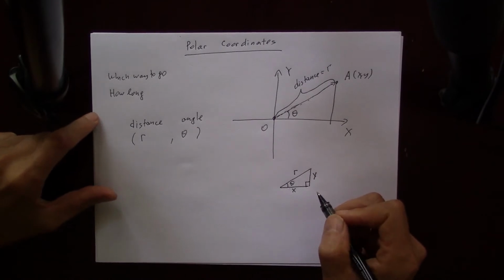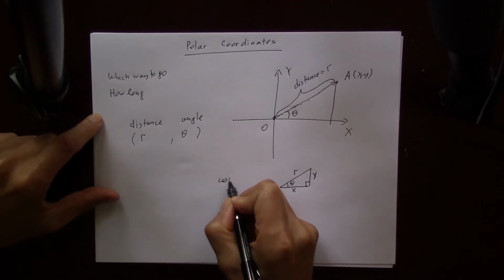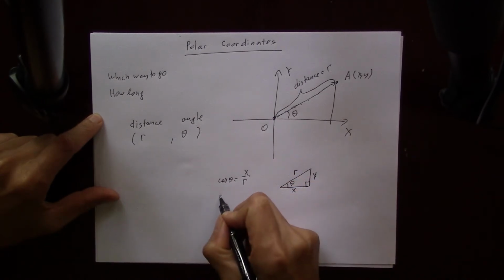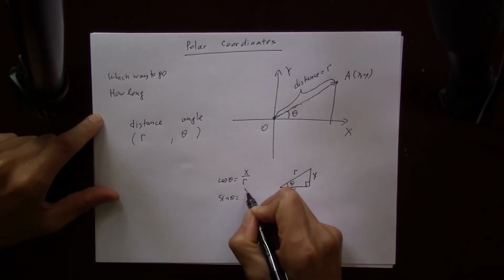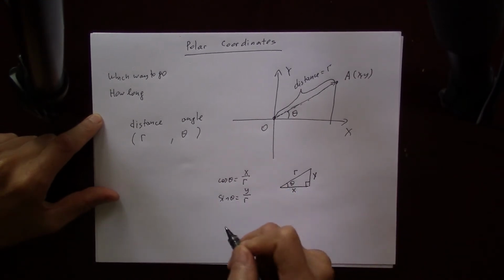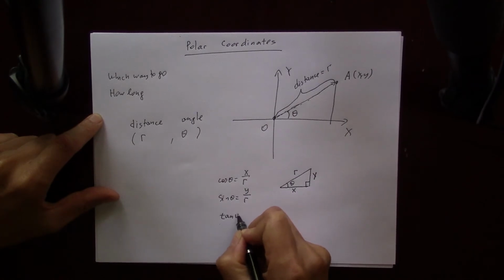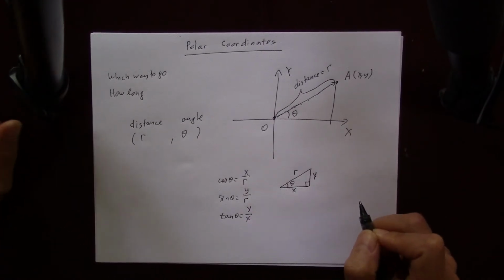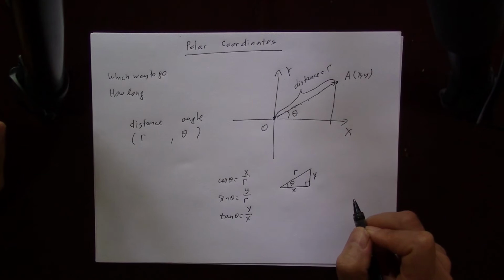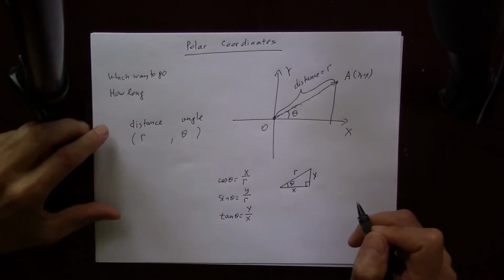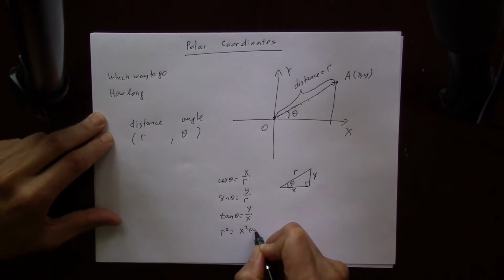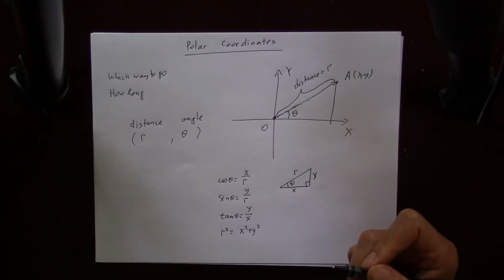So we can solve this triangle and find that cosine theta equals adjacent over hypotenuse, sine theta equals opposite over hypotenuse, and tangent theta equals opposite over adjacent. So cosine theta equals x over r, sine theta equals y over r, tangent theta equals y over x, and recall the Pythagorean theorem, which tells us r squared equals x squared plus y squared.